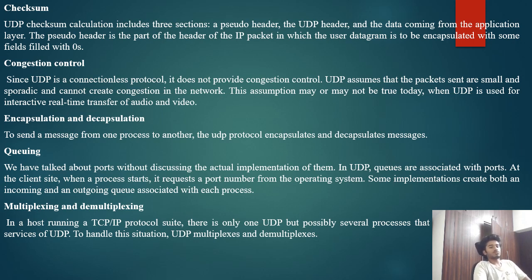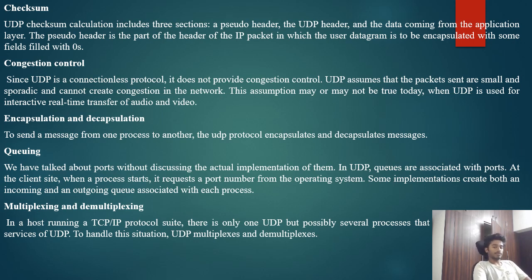Then comes encapsulation and decapsulation. To send a message from one process to another, the UDP protocol encapsulates and decapsulates messages. Queuing. We have talked about ports without discussing the actual implementation of them. In UDP, queues are associated with ports. At the client side, when a process starts, it requests a port number from the operating system. Some implementations create both an incoming and an outgoing queue associated with each process.